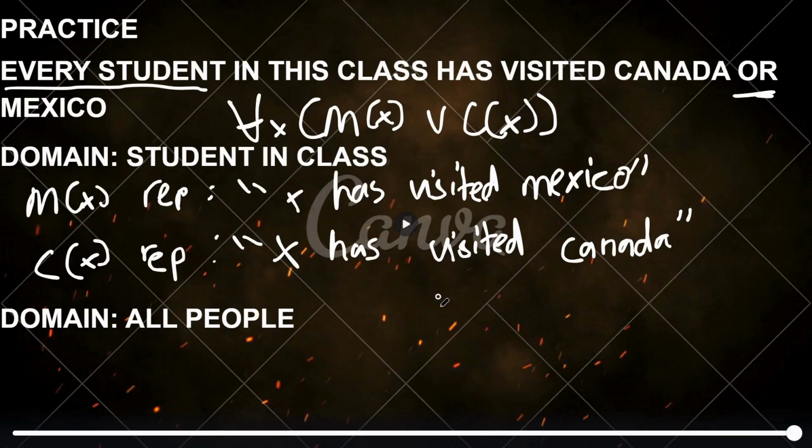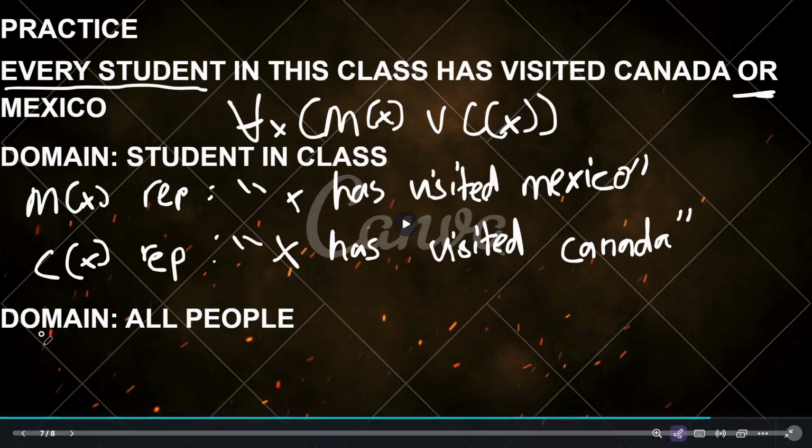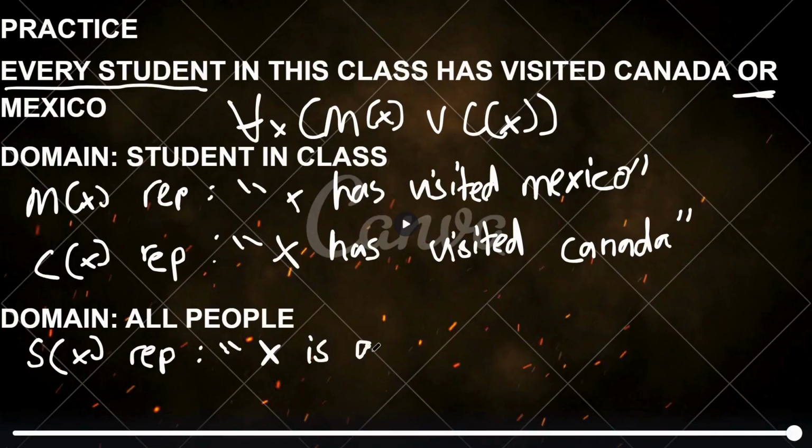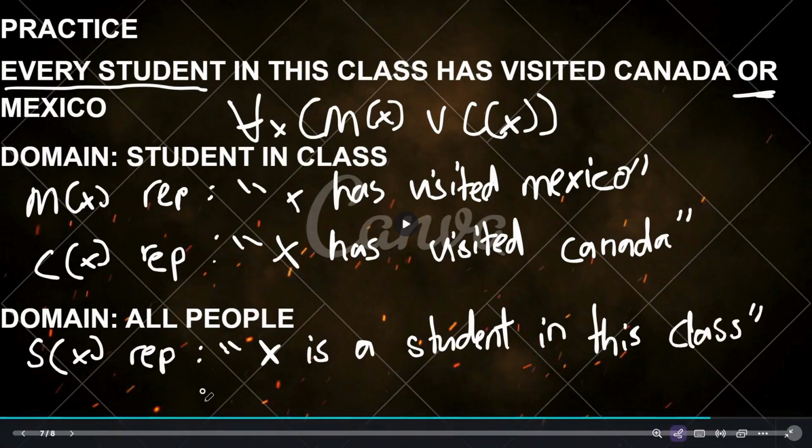And the next one is for all people. Student is S(x), which represents x is a student in the class, in this class. And the next one, universal.